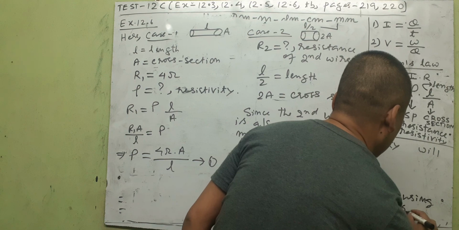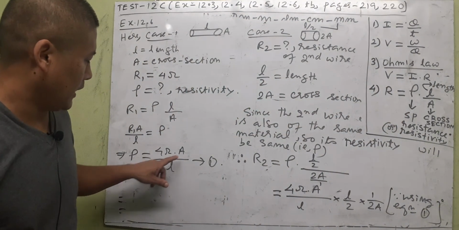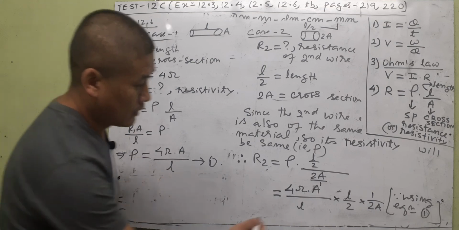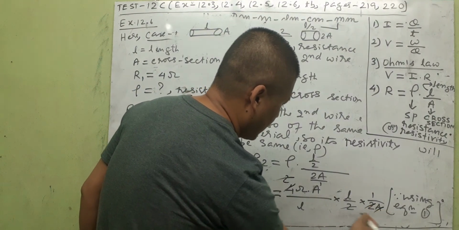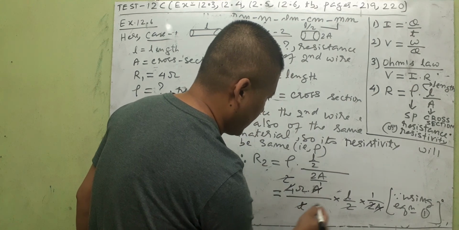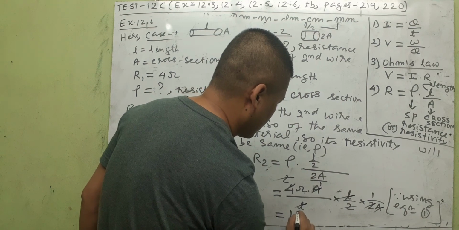Using equation number 1, we have replaced this rho by 4 into A by L. So 2 and 2 cancel, A and A cancel, L and L cancel, so nothing is left. Here 1 ohm.